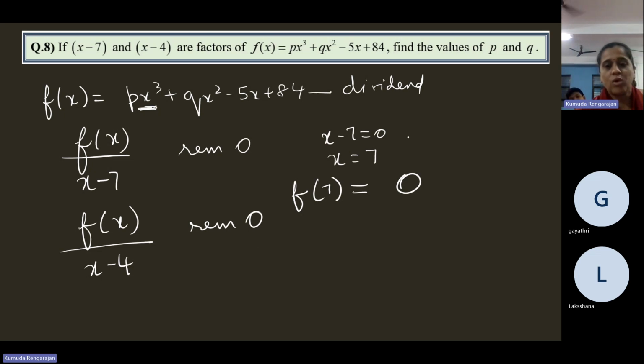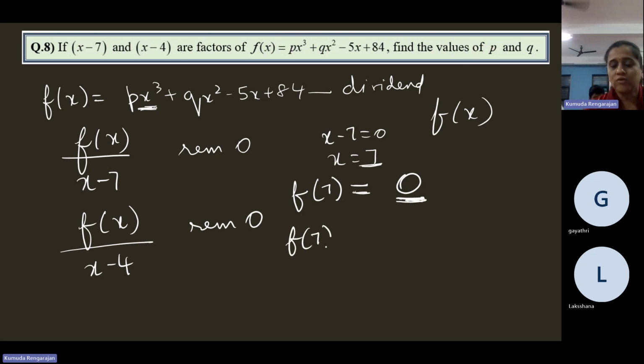f of 7, what is f of x? The dividend polynomial. What's the value of x? 7. I've told you, this place is for the remainder. When you write f of 7, what's the meaning?